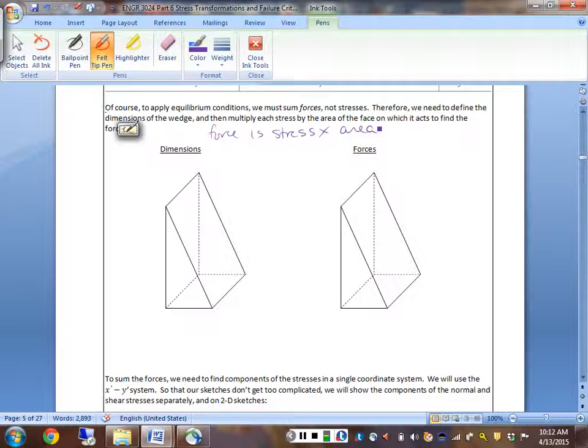We need the areas. We're going to call this width W, and along this face, we're going to say that is 1 unit long. So this front face, the area is W times 1.